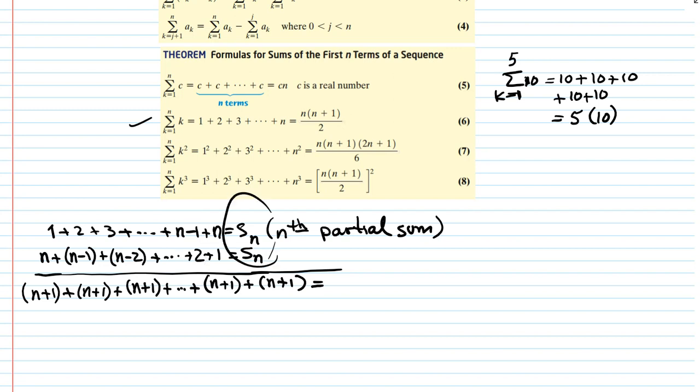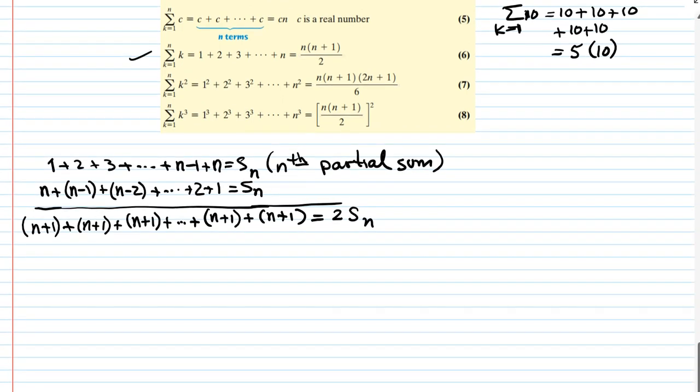And when you add s sub n to itself, we get 2 s sub n, right? Now, how many n plus 1s are there? Well, there are n terms, right? So I can write it as n repeated additions. That's the definition of multiplication.